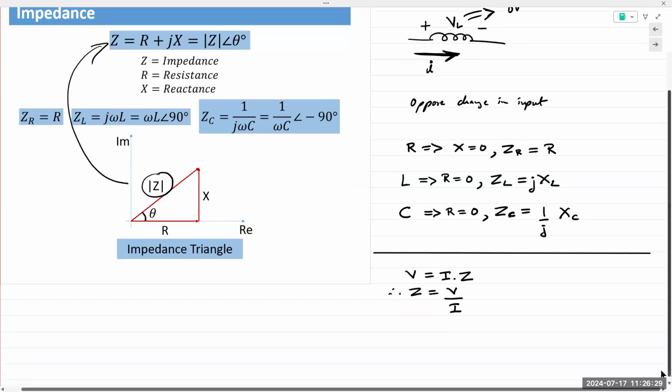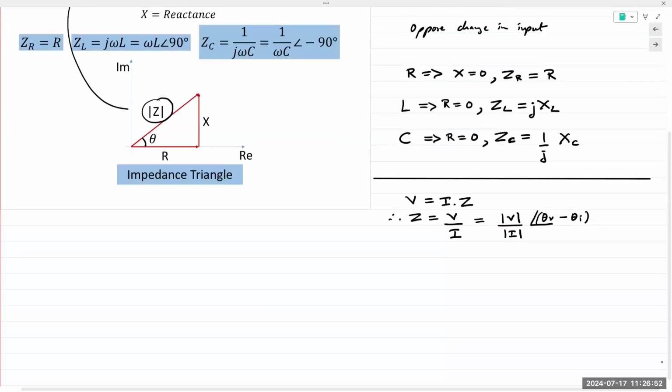If we perform this math, we can write magnitude of voltage divided by magnitude of current, and theta V minus theta I, meaning the phase of the voltage minus the phase of the current. We can also break it down like this.